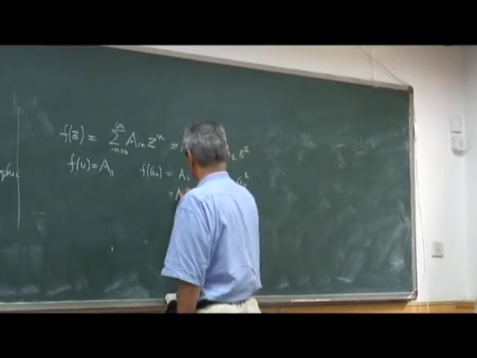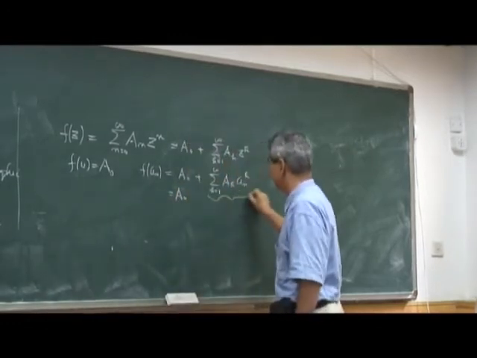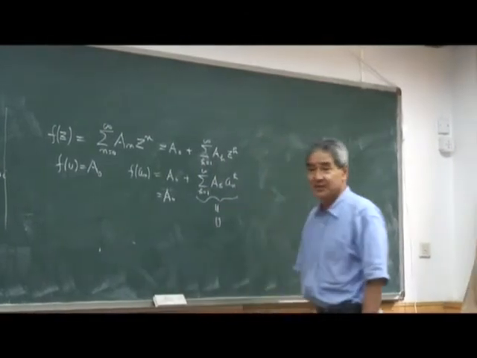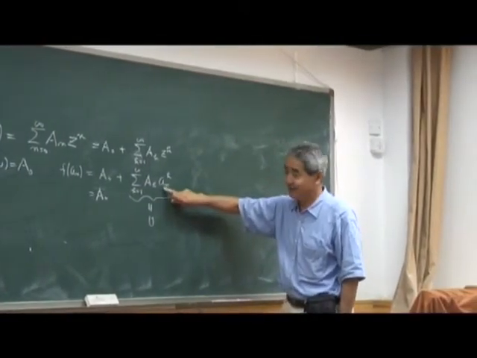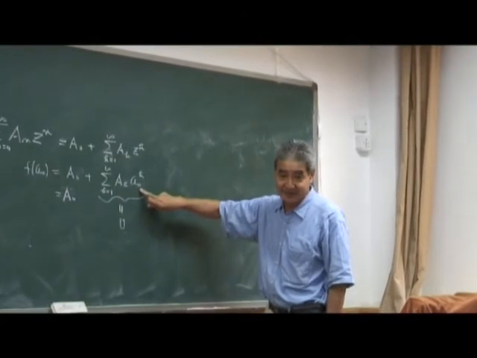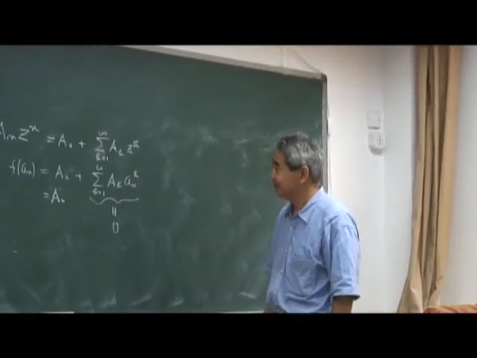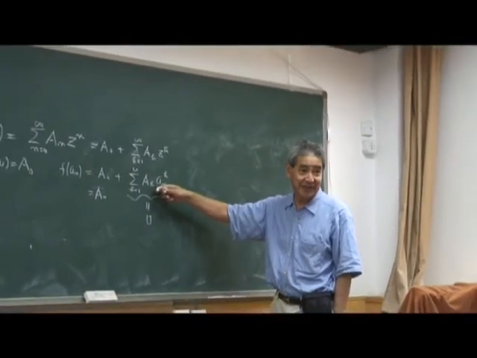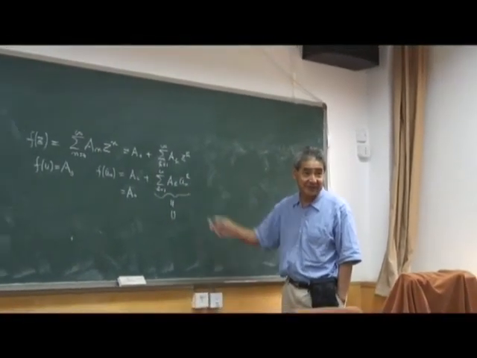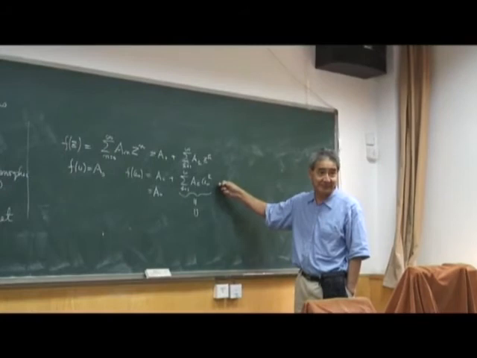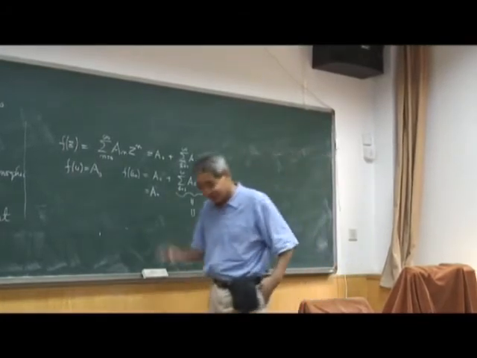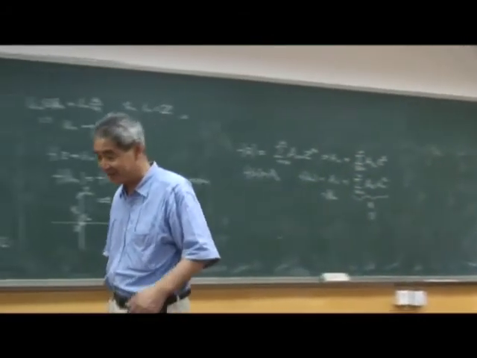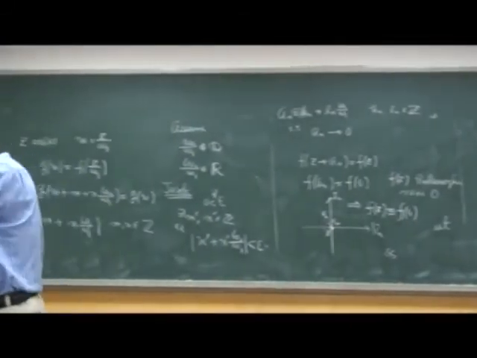This is equal to a_0. So that means that this part should be equal to 0. And you have infinitely many a_n. And you guess that all a_k should be 0. Otherwise, there has to be a certain number. It's not a correct proof, but you can roughly guess.